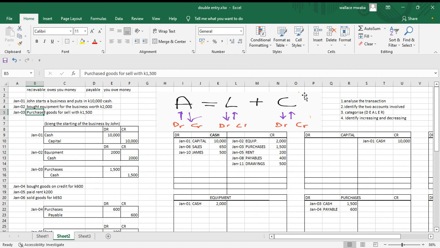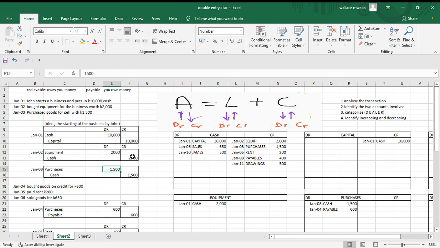So the purchases account is an expense account. Remember, expenses are always debited. Expenses reduce capital, and a reduction in capital is debited. So always debit your expenses. We debit the purchases account 1,500.